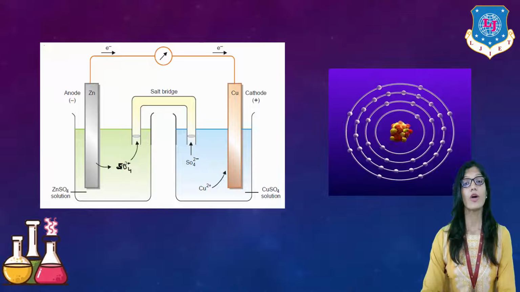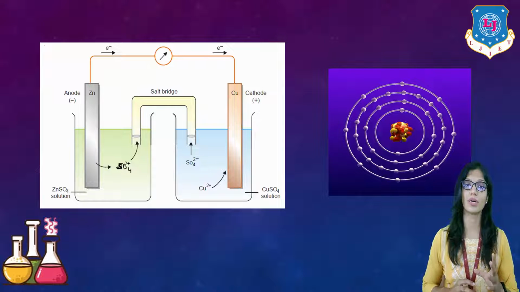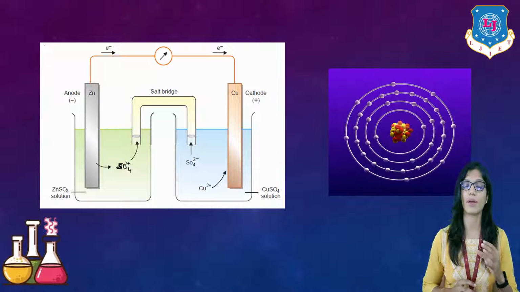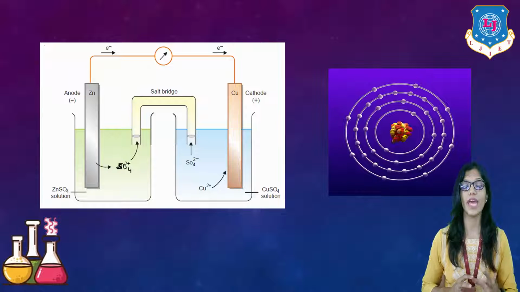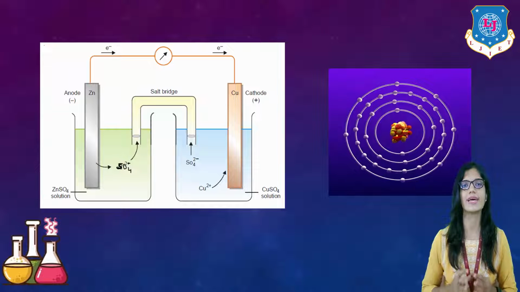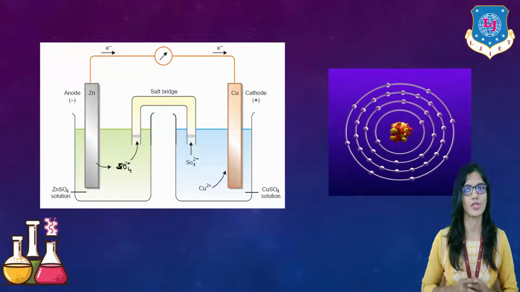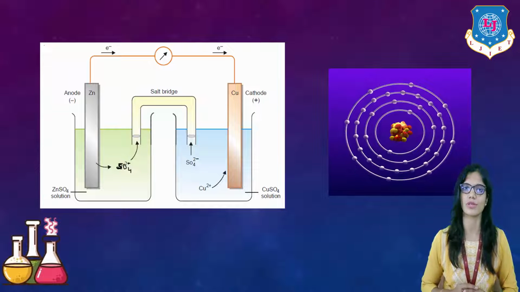Right? Now, before moving ahead to what you understand by an electrochemical cell and what its actual use is, we have to know certain terminologies, which are known as cell terminologies. Those cell terminologies are very important for us.